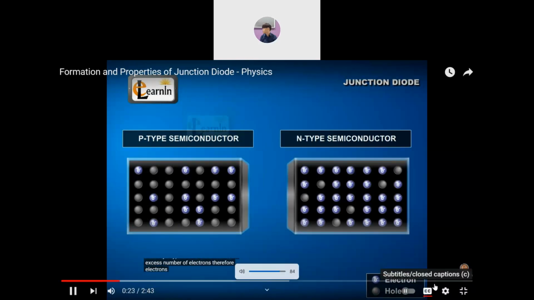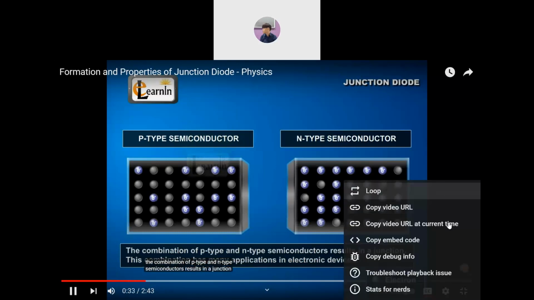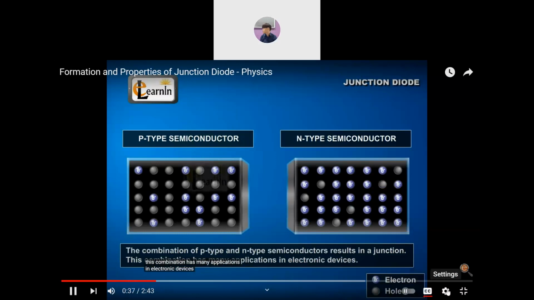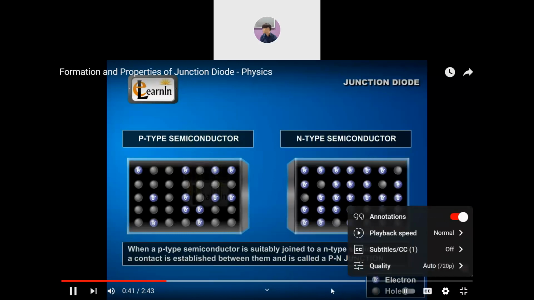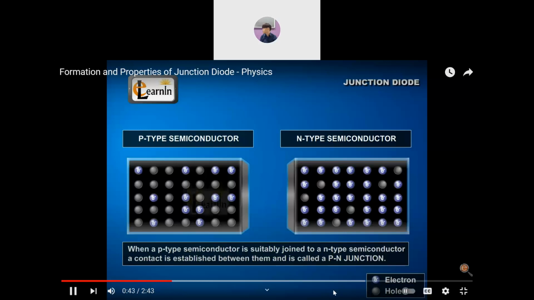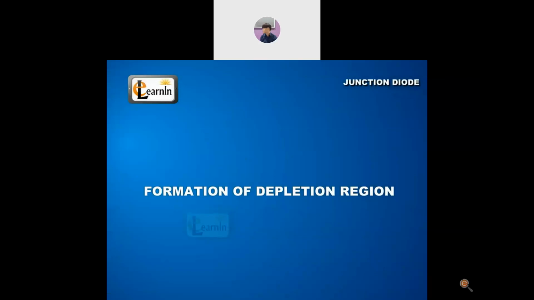Therefore, electrons are the majority carriers of charge in n-type semiconductors, as shown. The combination of p-type and n-type semiconductors results in a junction. This combination has many applications in electronic devices. When a p-type semiconductor is suitably joined to an n-type semiconductor, a contact is established between them and is called a p-n junction. Formation of depletion region.